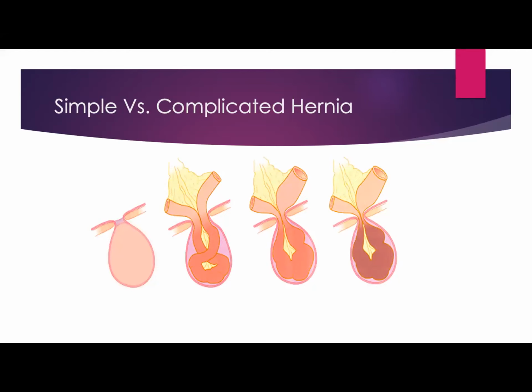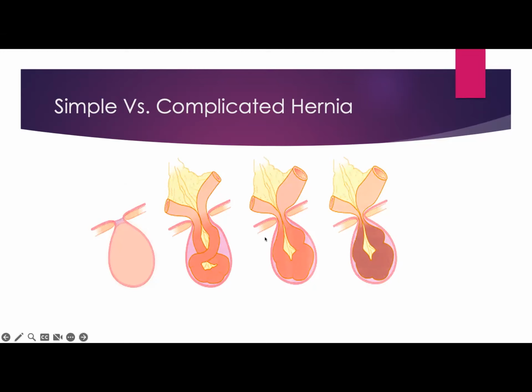The indirect hernia runs through the inguinal ring, and the femoral hernia runs through the femoral canal, which is considered a small space.